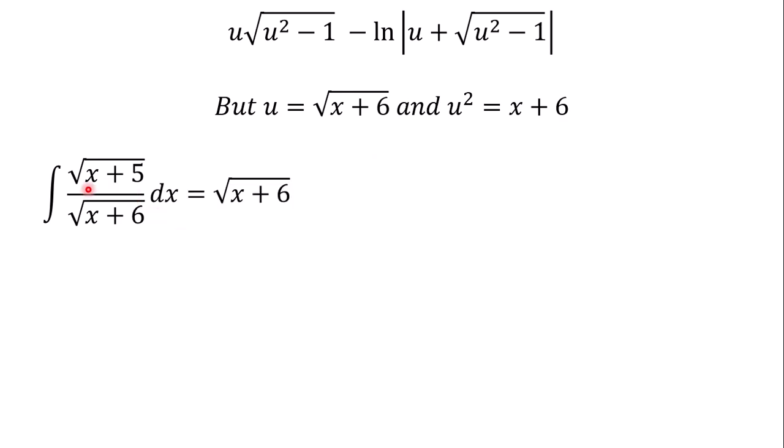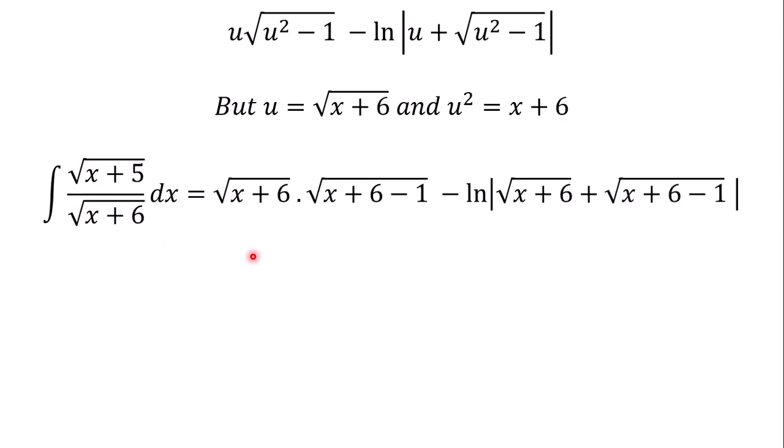So this integral question here is now equal to, the answer to it is equal to square root of x plus 6 times, the dot here is representing times, square root of x plus 6 minus 1.